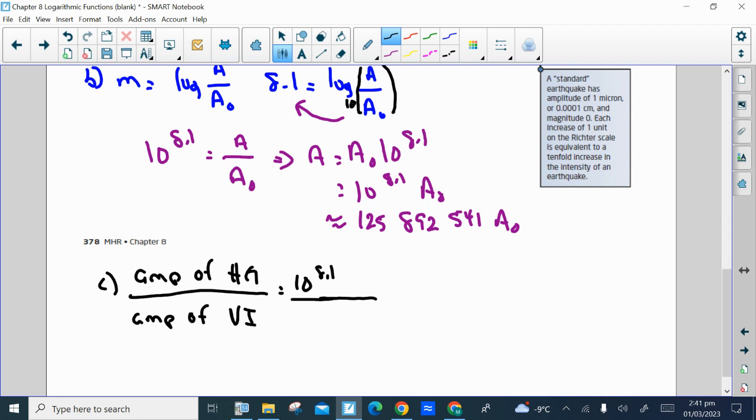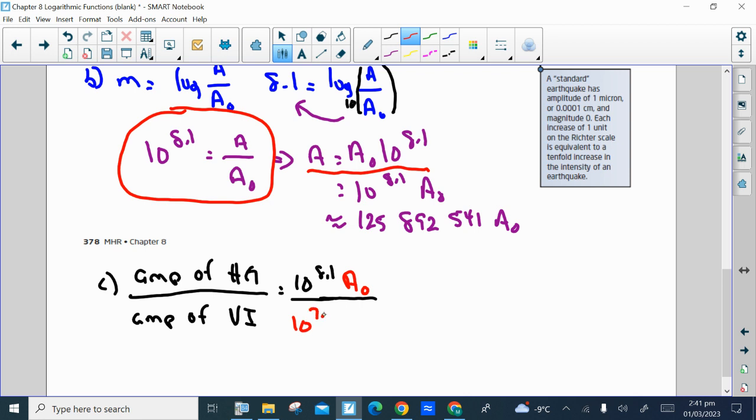So if you take this expression up here that I am drawing a shape around, if you want to get A by itself, we did that here. We multiplied both sides by A sub 0. So the amplitude of that earthquake is actually A sub 0 times 10 to the power 8.1. That's right, because the amplitude of the Vancouver Island quake will also be involving A sub 0.